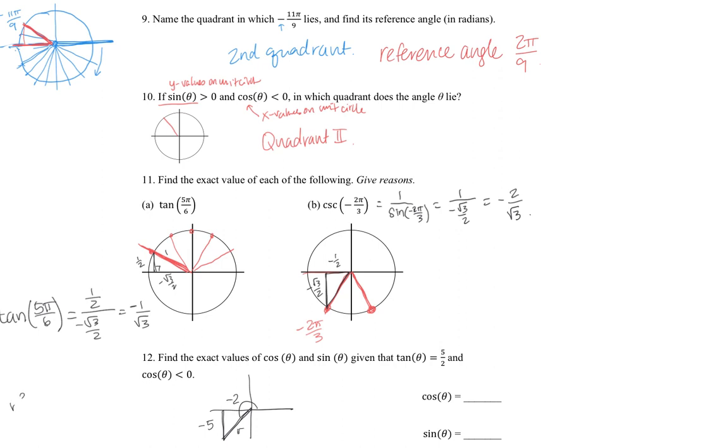So I can say r squared is equal to negative 5 squared plus negative 2 squared. And so that gives me r squared is equal to 25 plus 4, which is 29. And so r is equal to the square root of 29. So now I can find cosine. So cosine is x over r, so negative 2 over square root of 29. And sine is y over r, so negative 5 over square root of 29.